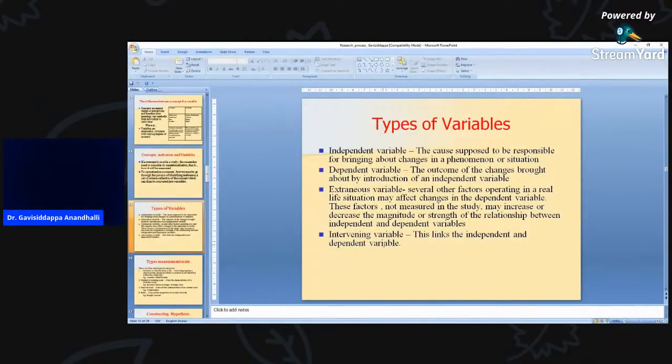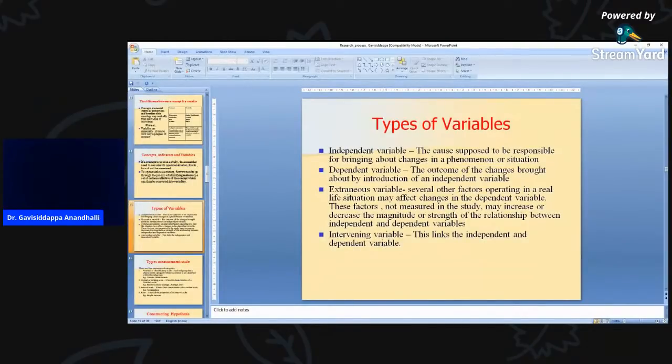The dependent variable is anxiety. It depends upon what? It depends on the treatment given. What kind of treatment have we given? That is meditation or physical exercise or yoga. Like this, we can do it.